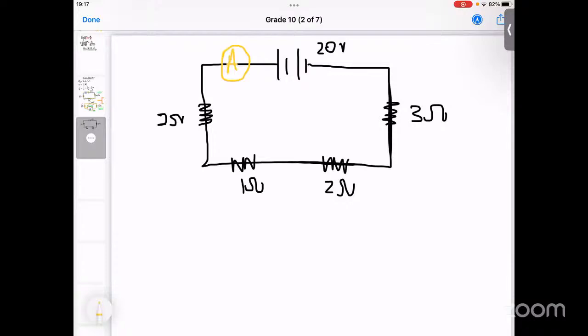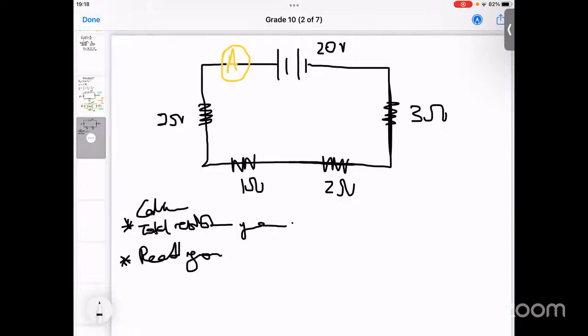Okay, so now let's see the questions that may come. They may say, question number 1, calculate the total resistance of the circuit. And then question number 2, they can say, reading on ammeter.